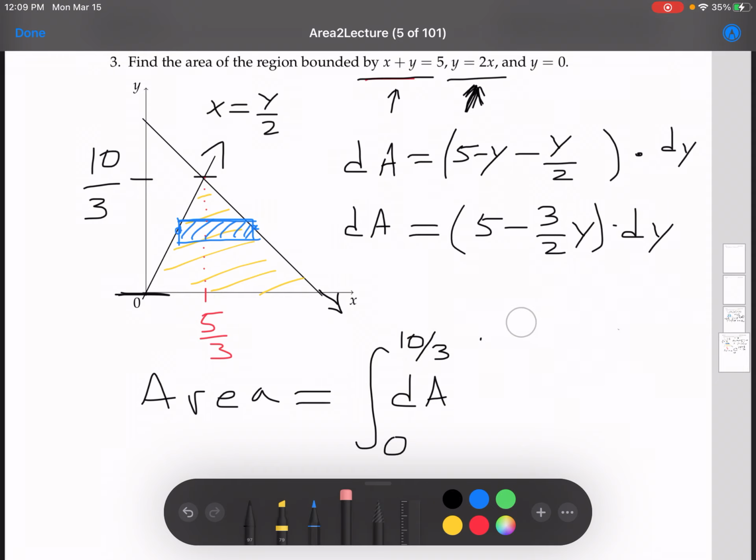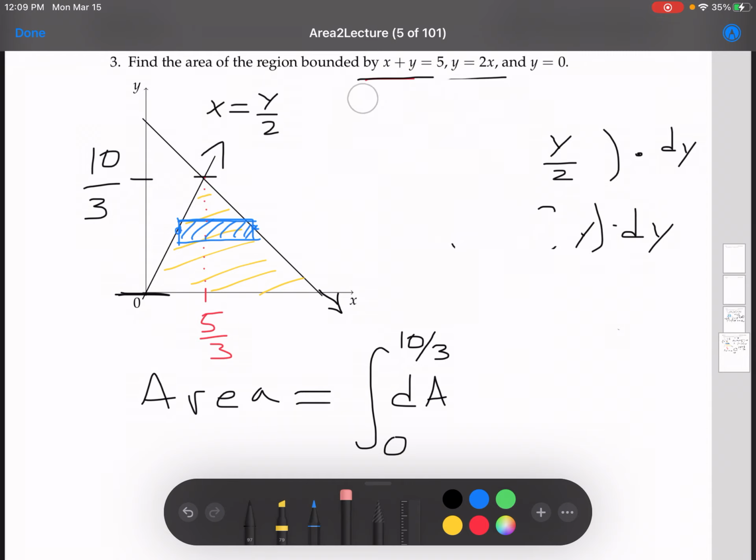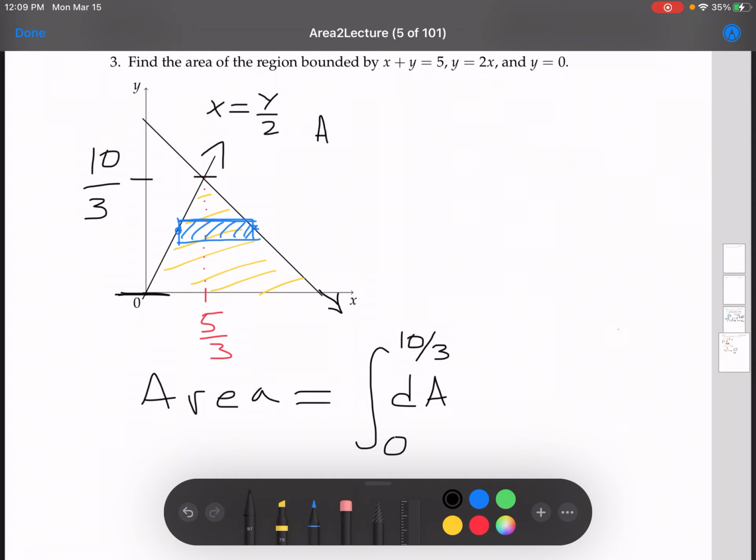And so now we can compute this integral to find the area. So our area equals the integral from 0 to 10/3 of dA.